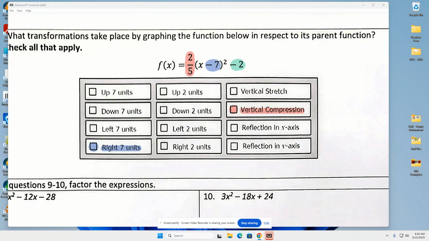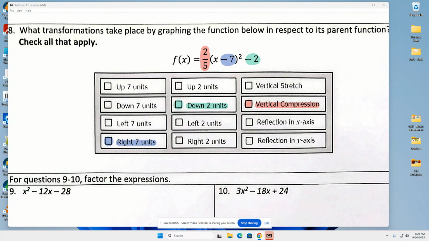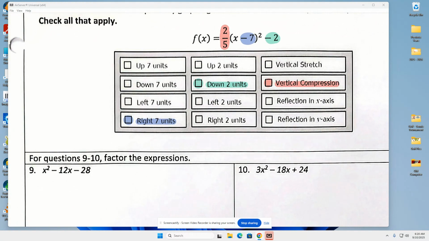Okay, it's vertical shift. So what direction do I go for a -2 vertical shift? Down 2. And there's our 3 transformations. Don't pick more than there are. There's only 3 transformations. Only pick 3. And there you have it.